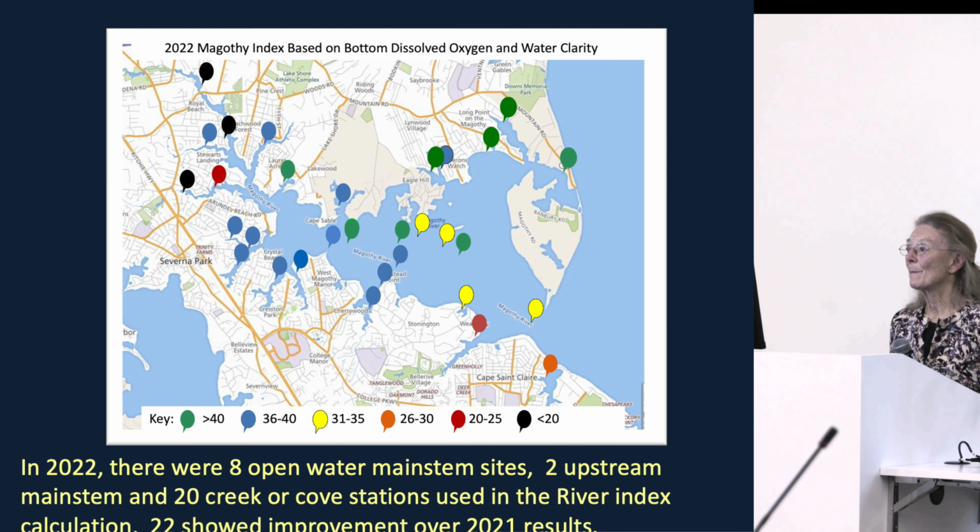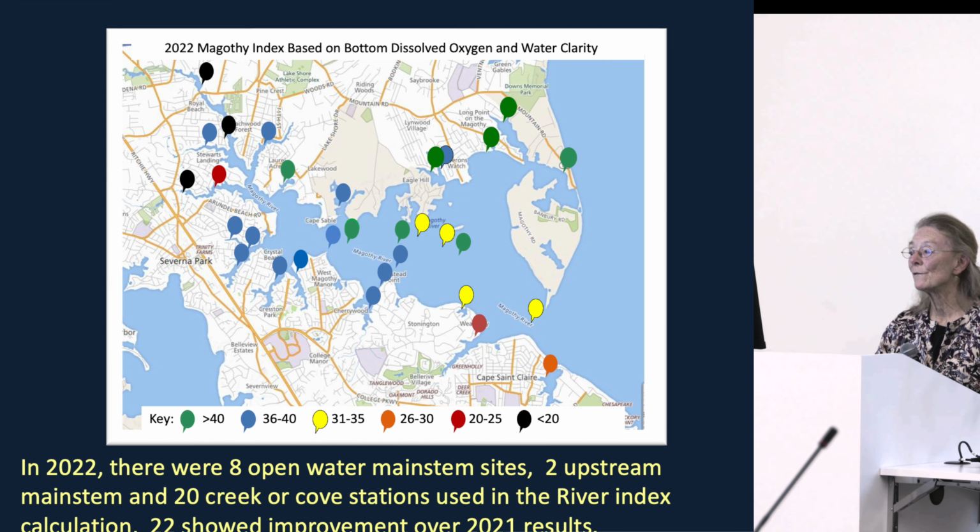And the great news about this is how much each of these sites improved in 22. Of the 30 sites that we sample, 22 of them were improved from 2021. And particularly I was really happy to see these blue points here.